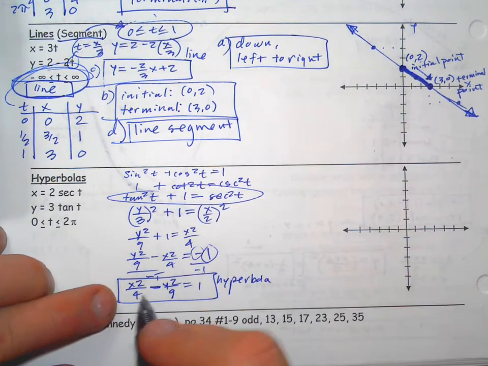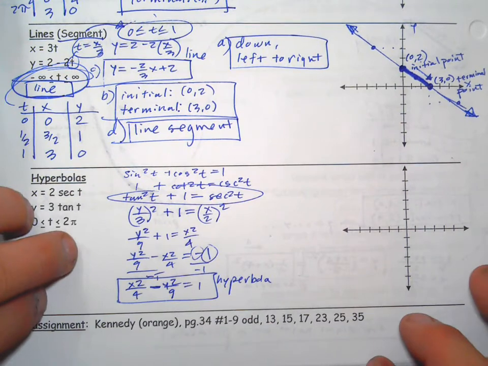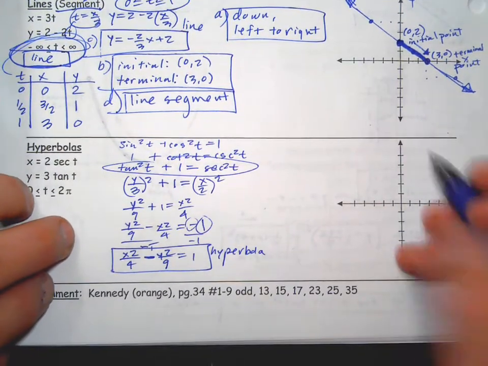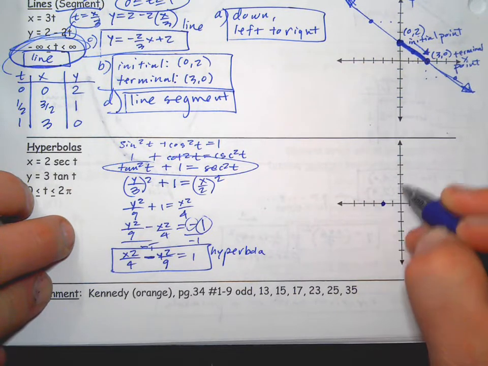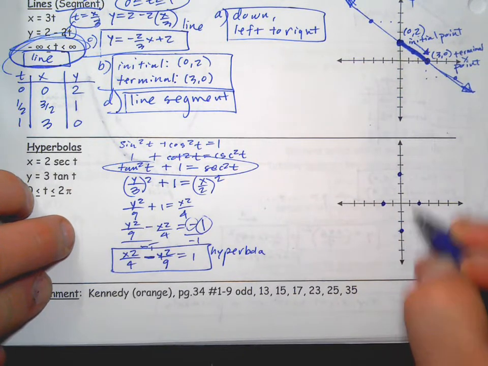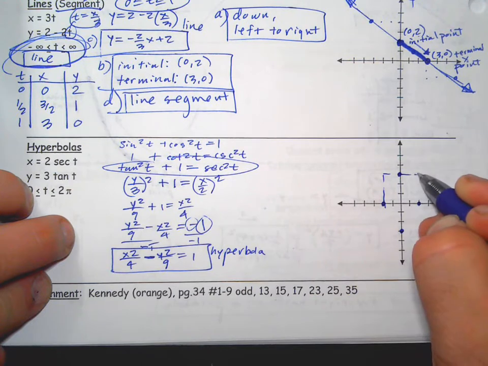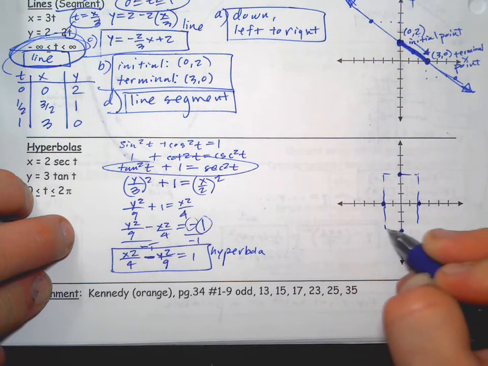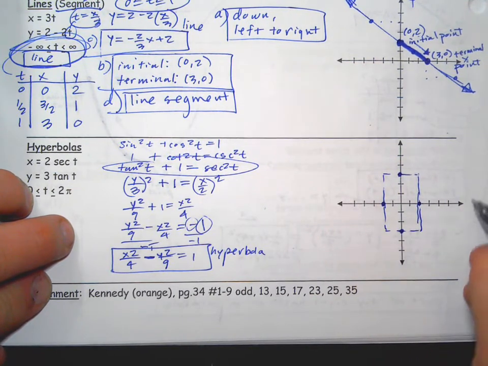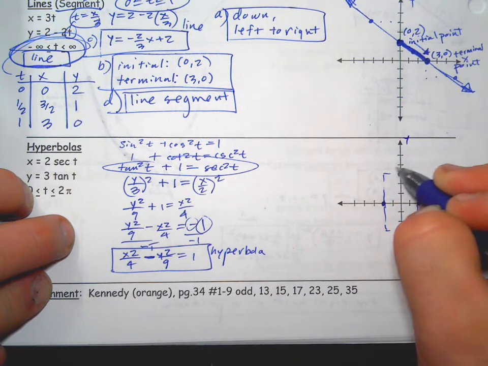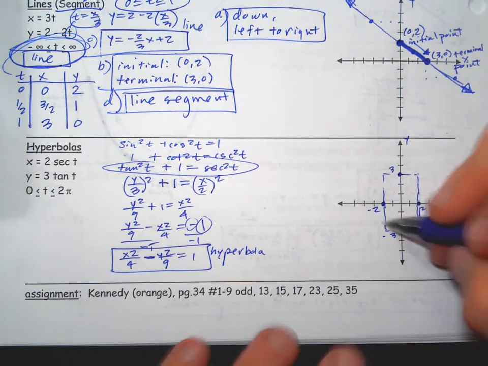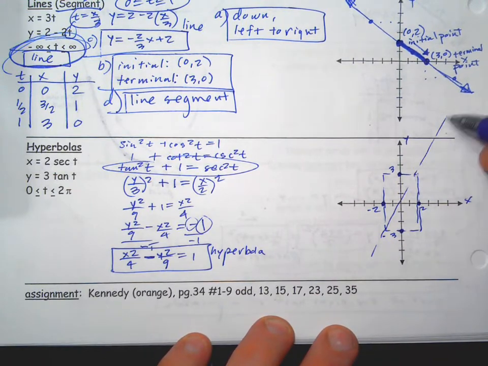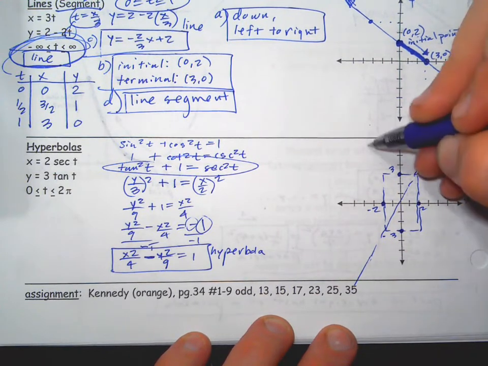Whichever one's positive tells you which direction it's going to open in. Next, we go right 2, left 2, up 3, down 3, just like we do for ellipses, and draw a box. This time I think the box is even more important, because we connect the corners of the box with straight diagonal lines, and those are the slant asymptotes.